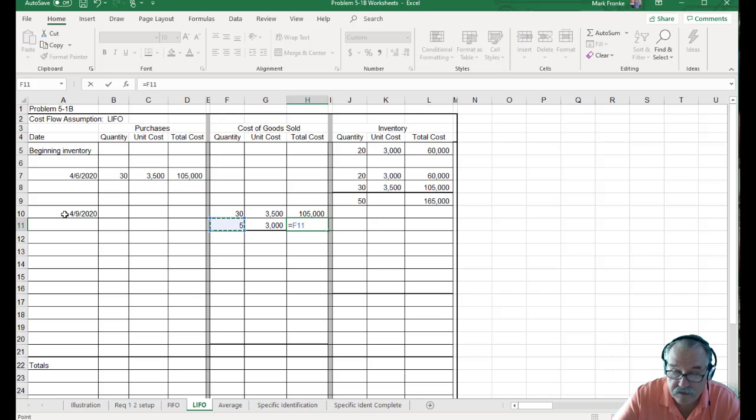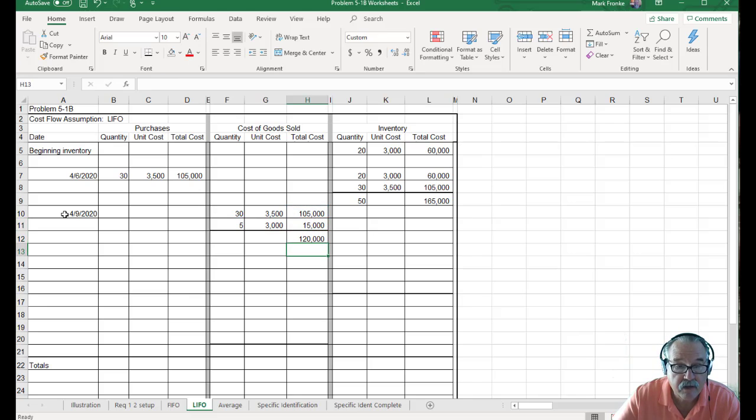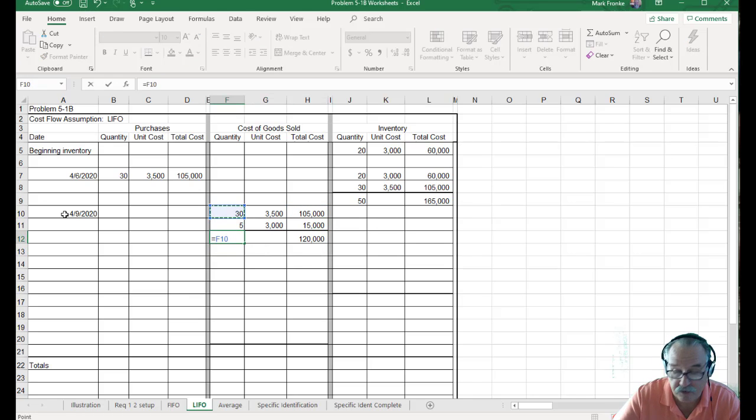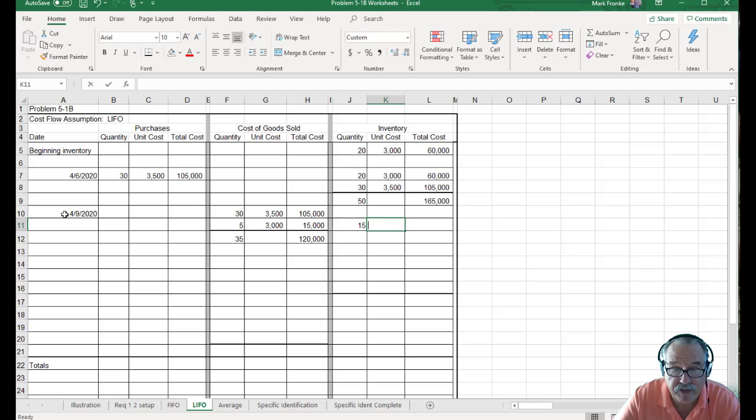So in this case, our cost of goods sold is 120,000 for those 35 that we sold. And our ending inventory is 15. We had 50. We sold 35. That means we have 15 of the oldest items in stock.